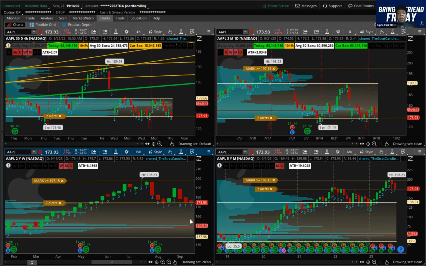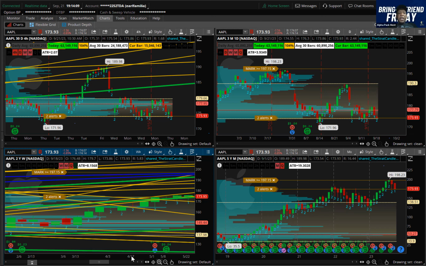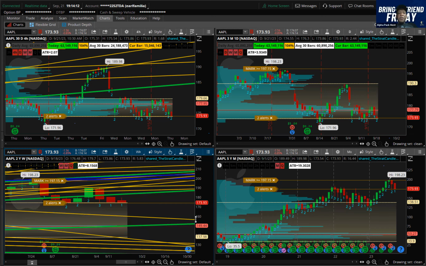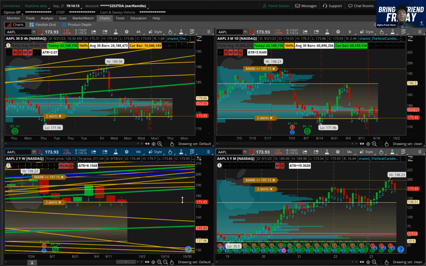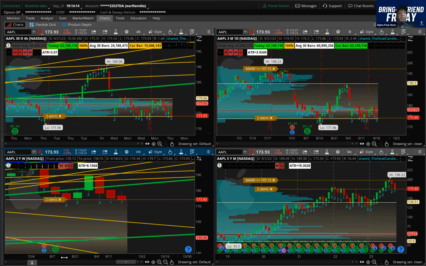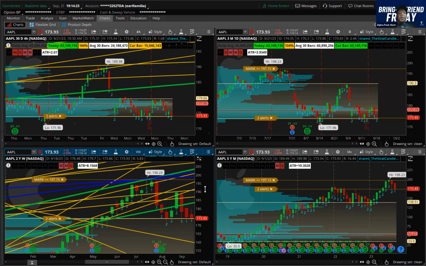Let me add my broadening formations back and zoom in. There was a lot of gap to the downside. I don't know if you remember, but we took calls on this all the way up. I think I got out around 180 something, and we took entry around 150.